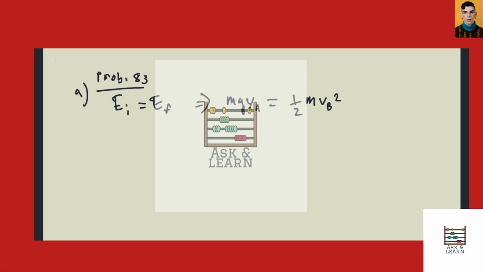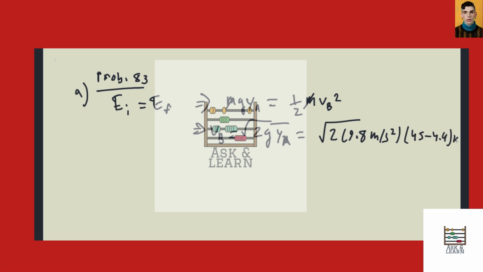And so you have very simply that VB is equal to square root of 2 times g times height at A. So this is 2 times 9.8 meters per second squared times 45 minus 4.4 meters. And so this gives us 28.2 meters per second for VB.